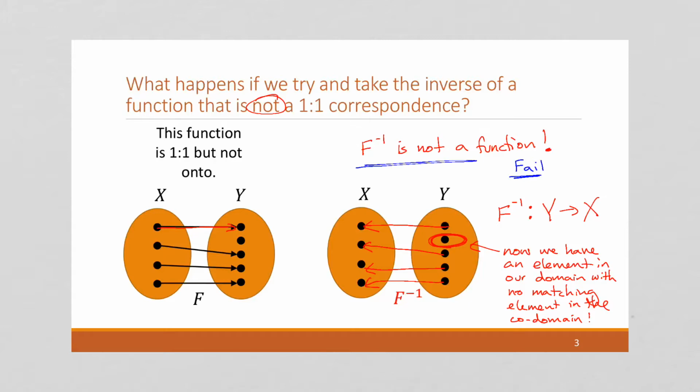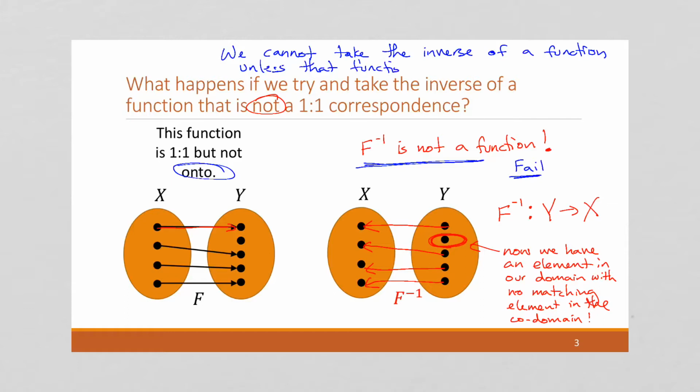But here we found that the inverse of a function that is not onto is not a function, which means we cannot take the inverse of a function unless that function is a one-to-one correspondence.